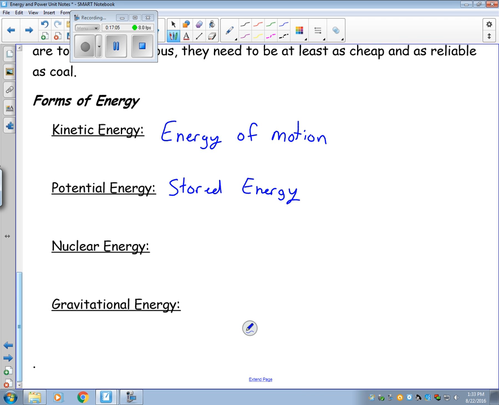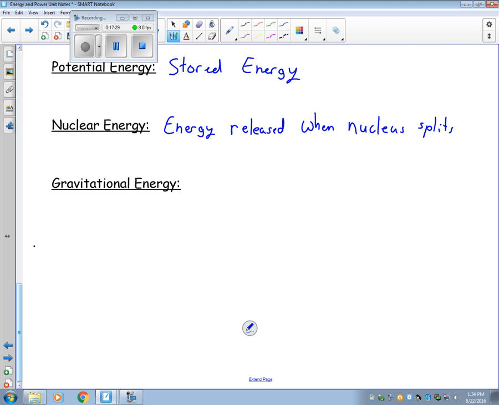Nuclear, this really should be nuclear potential energy, but it's energy released when you split an atom. Really, I should say when a nucleus splits. And then gravitational, this is energy released when objects fall.